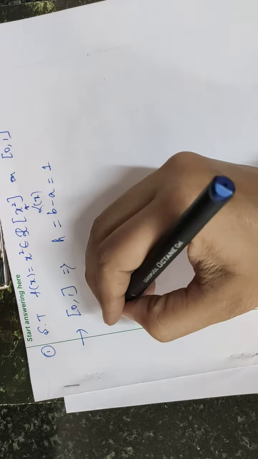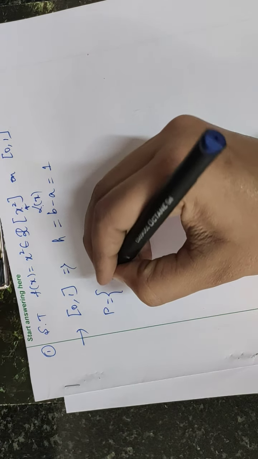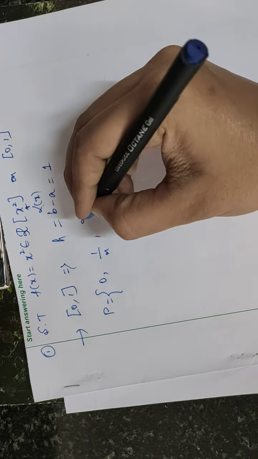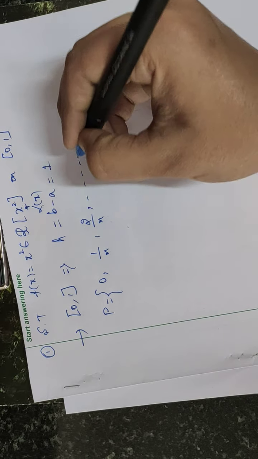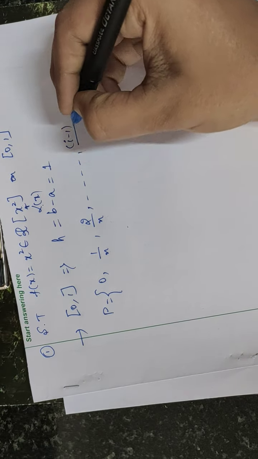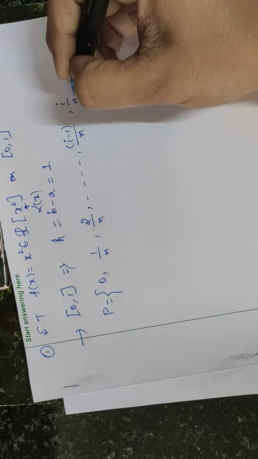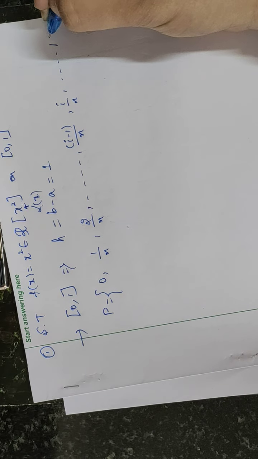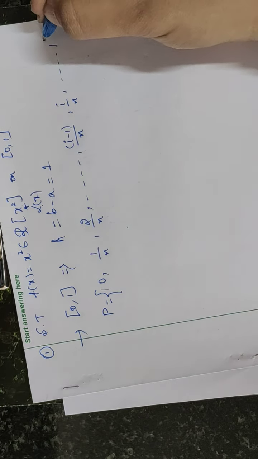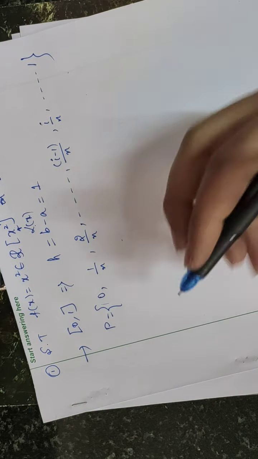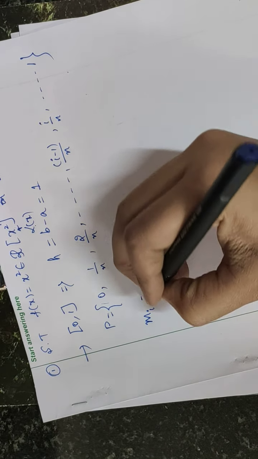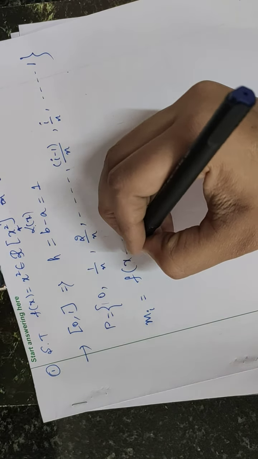Now let us do the partition. So P is equal to 0, 1 by n, 2 by n, and so on up to (i minus 1) by n, i by n, and so on up to 1. This is nothing but b, this is nothing but a. So this is your partition. Now find the value of m_i. m_i is nothing but f of x_{i-1}, that is f of (i minus 1) by n.